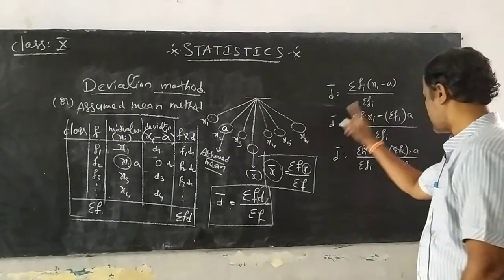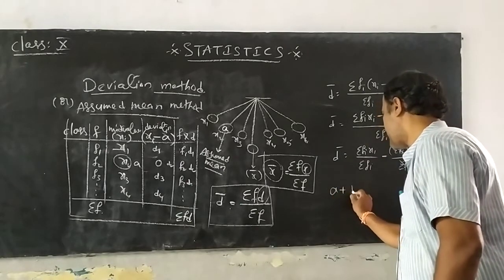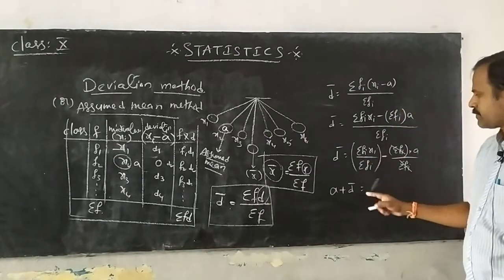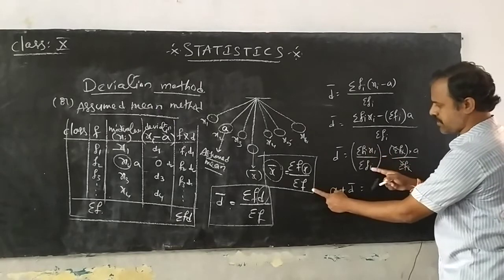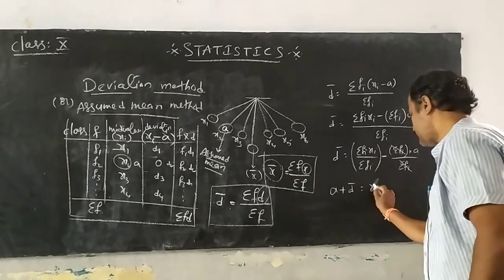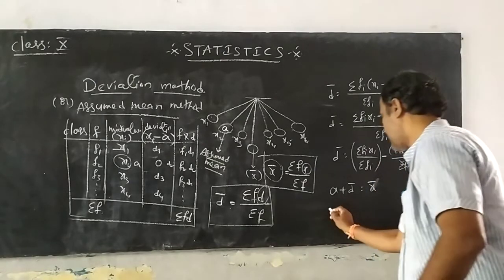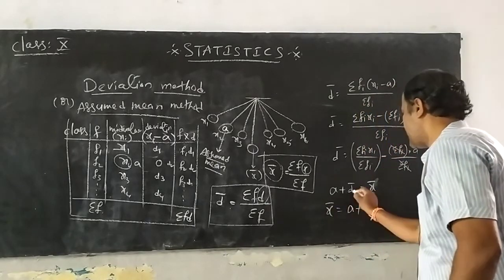Now I transpose this a there, this is minus a, on transposing becomes a plus d bar is equal to, what is this? Can you tell me? Sigma fi xi by sigma fi, sigma fx by sigma f, nothing but x bar. So we got the formula for x bar. So x bar is equal to a plus d bar.